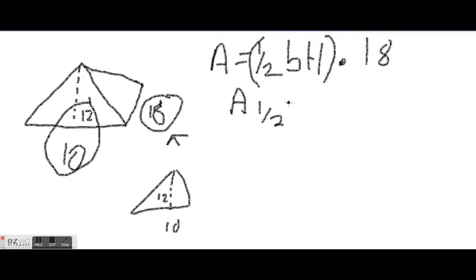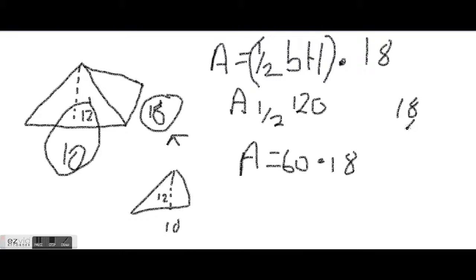So I'll do 18 times 6 and then add the 0 at the end. Make it easy. 6 times 8 is 48. Put back the 8. And that's our answer: 1080. All right? That takes care of that.